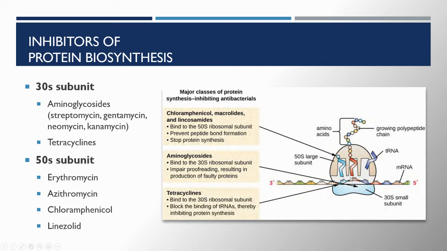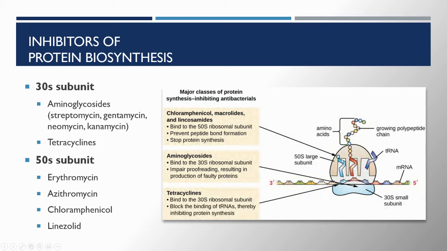Then it translocates, it moves to the P, to the peptide site, where we form a peptide bond between the amino acid that just came in and the next one at this stage. And then we translocate, we move to the next stage on the mRNA, to the E site, the exit site, where I'm going the wrong way backwards. This is the A site.